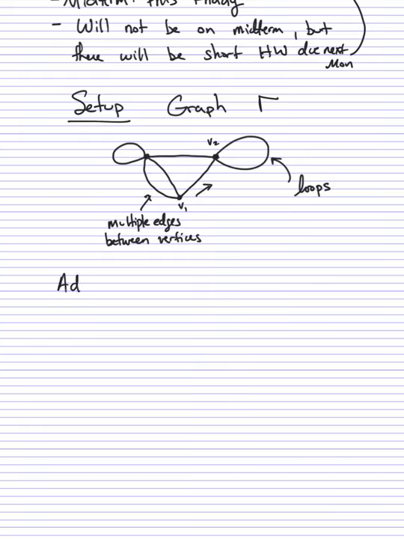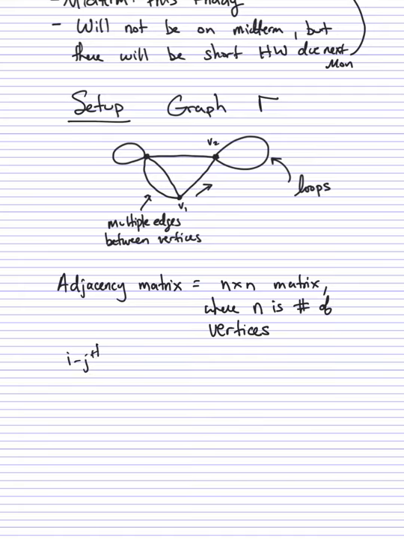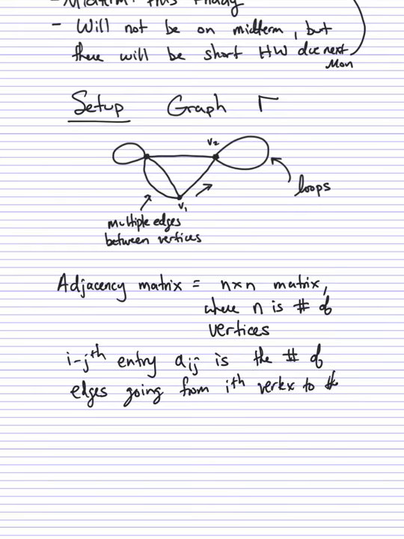Then we defined an adjacency matrix. This is an n by n matrix, where n is the number of vertices, and the ijth entry, aij, is the number of edges going from the ith vertex to the jth vertex.